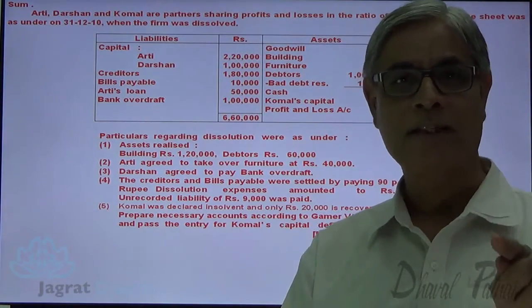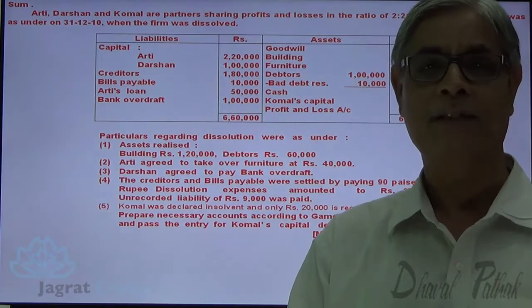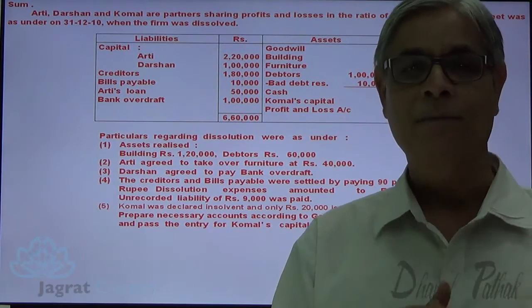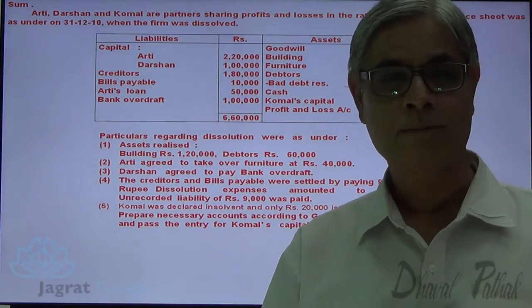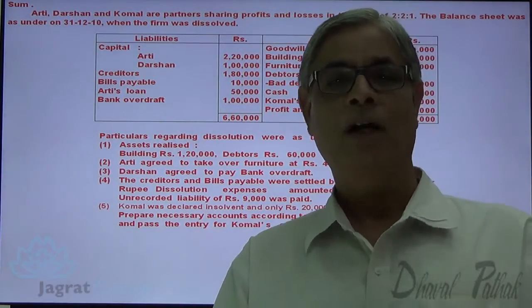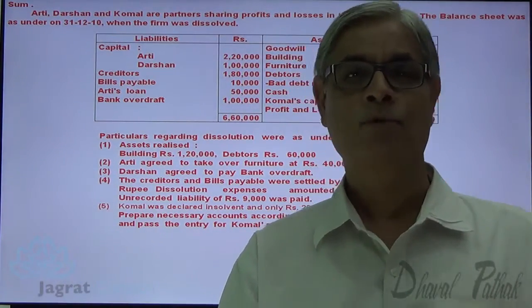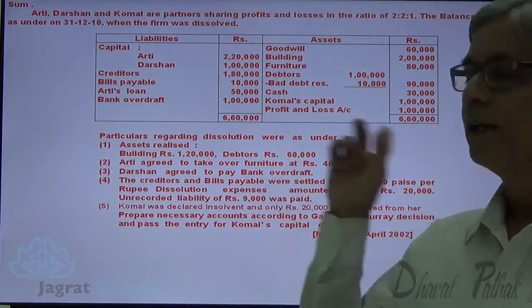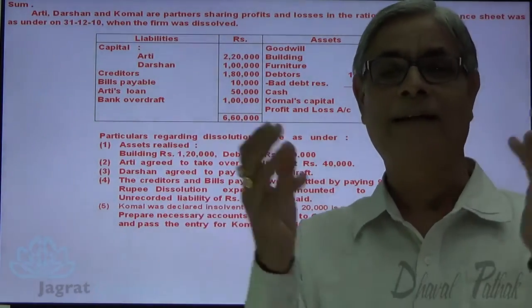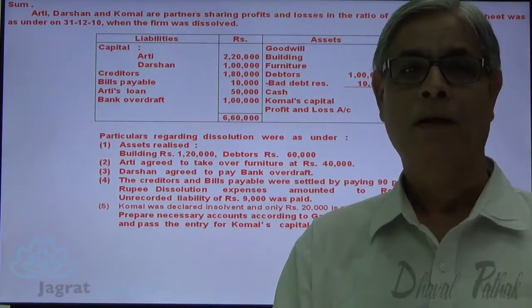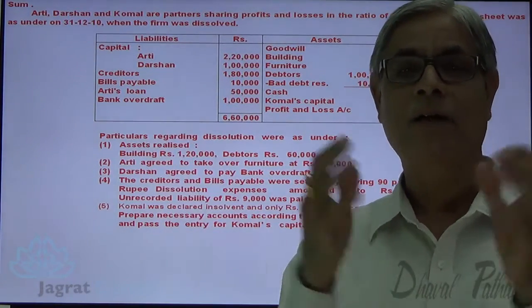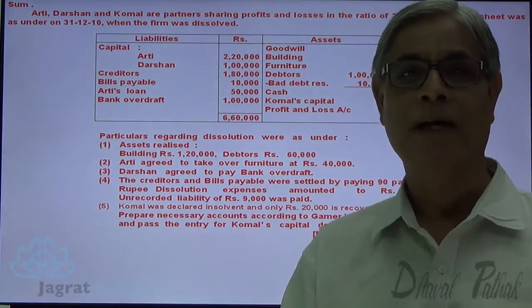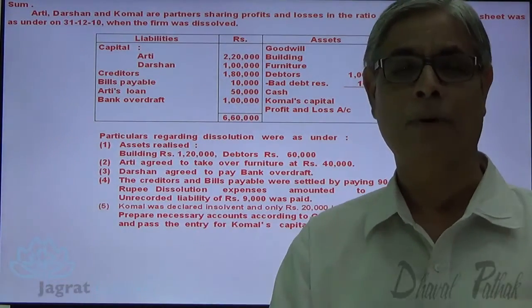Then Justice Joyce in the Garner versus Murray case pronounced that such loss should be distributed amongst solvent partners in the ratio of their capital that existed on the date of balance sheet. He took the criteria of capital existed on the date of dissolution of a solvent partner for distribution of this type of loss.